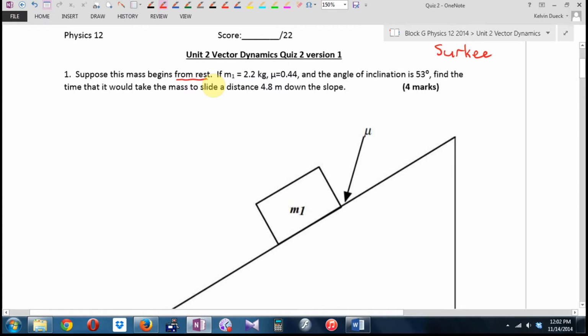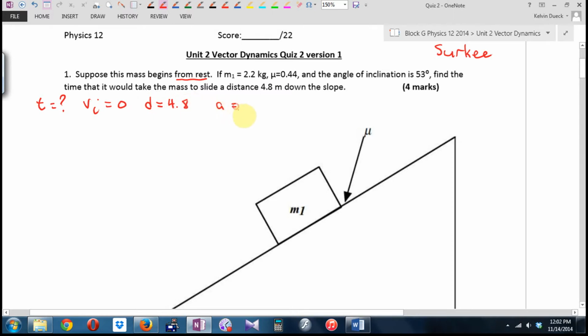Okay, well. To find time, I know d equals 4.8. You know what?